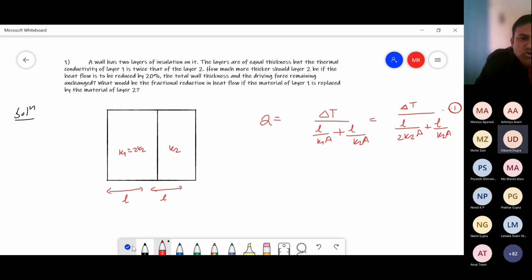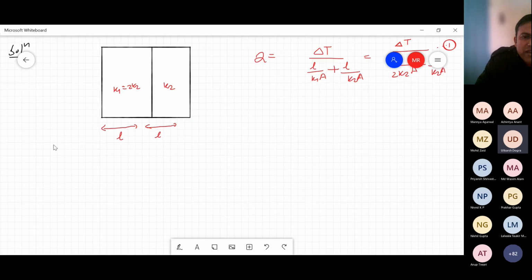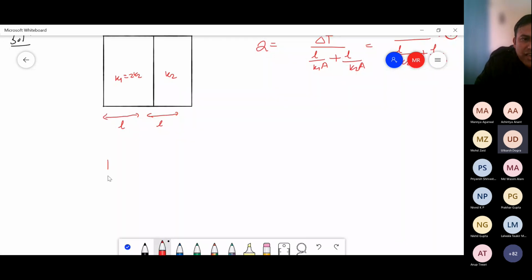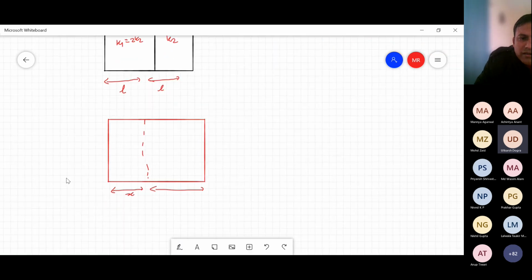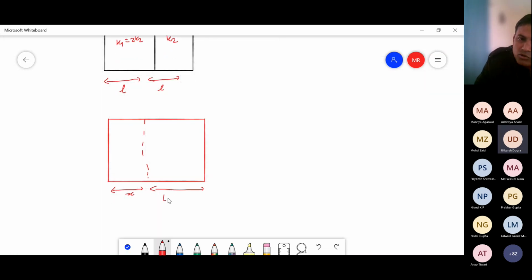now we want to change this system a little bit. Maybe I'll just draw another figure. I want to change this figure slightly, so now this distance is, let's say, x. So what will be this width? It will be 2L minus x, correct.